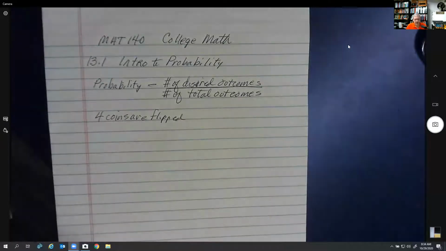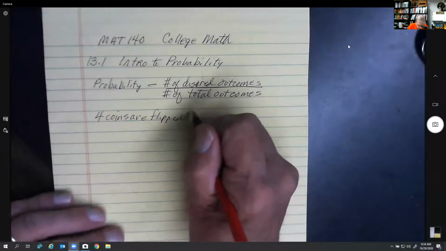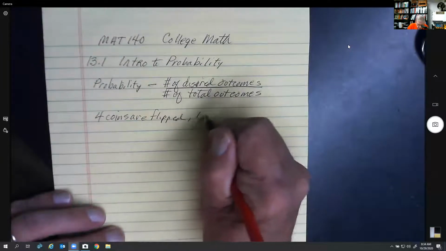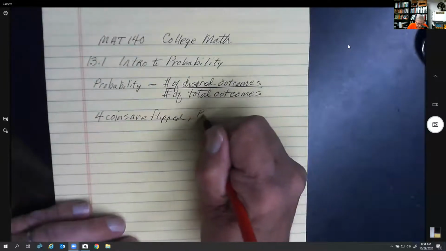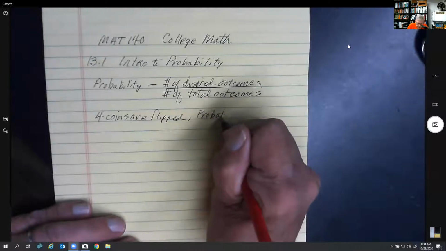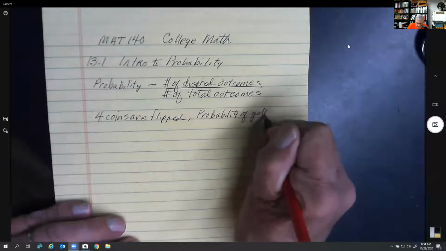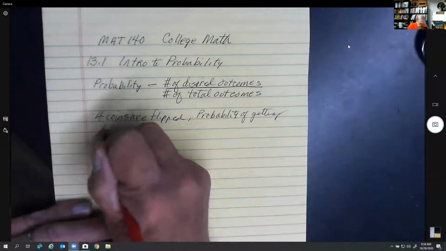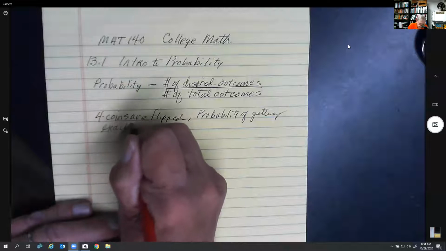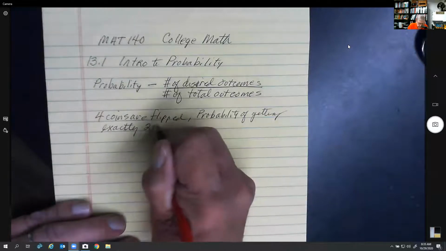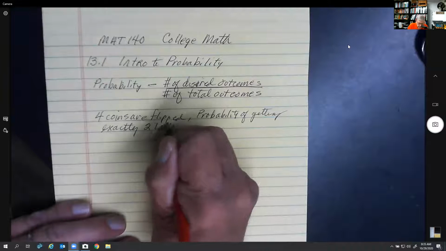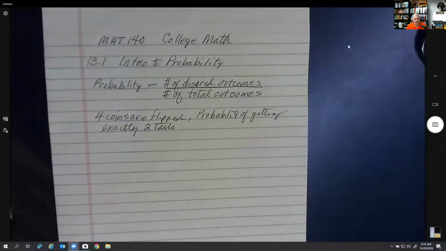And I want to find out, out of these 4 coins when we flip them, the probability of getting exactly 2 tails. How many combinations are there that would give me these 2 tails?